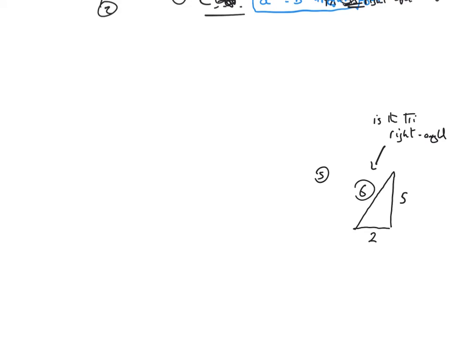Let's take the longest side again. 6 squared is equal to 2 squared plus 5 squared. 6 squared is 36, 2 squared is 4, and 5 squared is 25. 4 plus 25 is 29. What we can see is that's not true. 36 is not equal to 29.